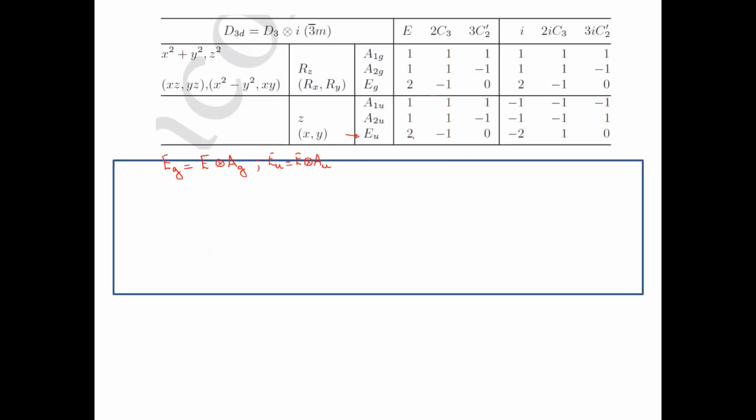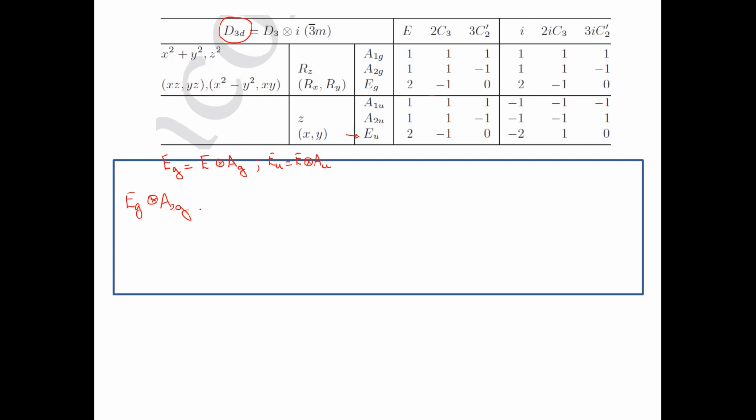So let's explore other possibilities. For instance, let's look at how one can make direct products of representations of the same group and see what we get. For instance, let's take the group D3D and see what we get when we take the direct product of 2 representations of this group, EG and A2G.